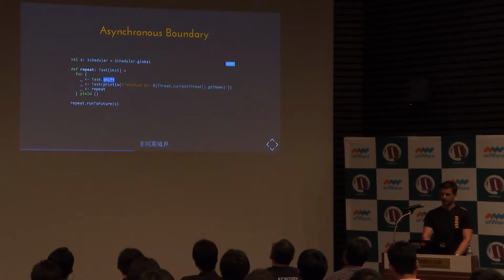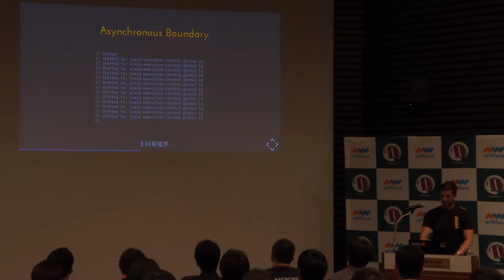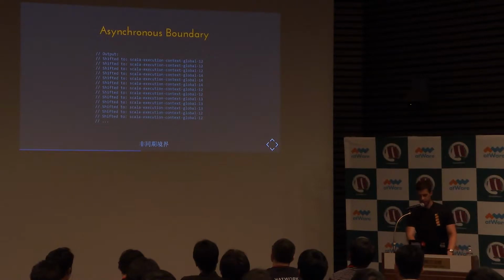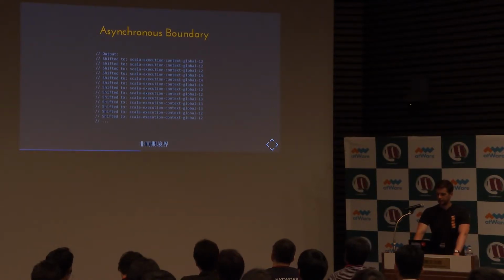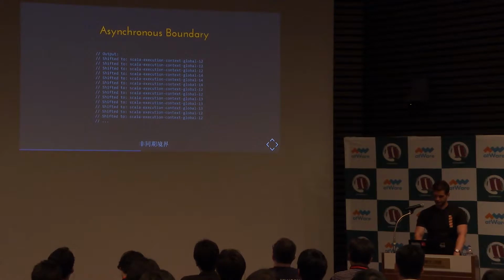This one just shifts to the default scheduler, and the default is the one that is supplied when running the task, so you don't have to pass it for operations. And we will just print which thread we are currently on. In the output, we'll see that sometimes it stays on the same thread, sometimes it changes, and it covers some of the scenarios that I pointed out in the previous slides.